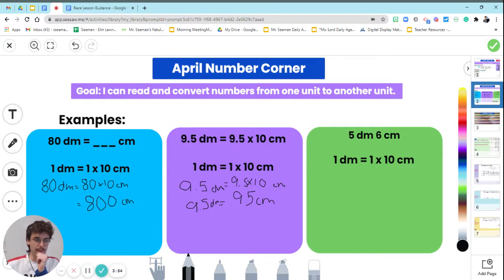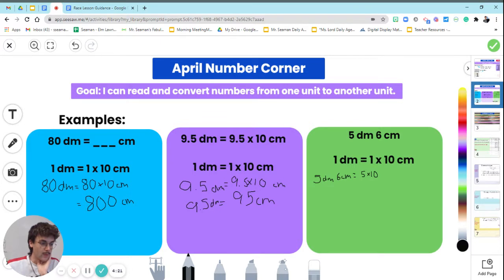I'm going to think about how we can do this. My formula, again, is 1 decimeter equals 1 times 10 centimeters. Instead of putting that 1 there, I'm going to take my 5 decimeters and 6 centimeters, and I'm going to multiply 5 times 10.